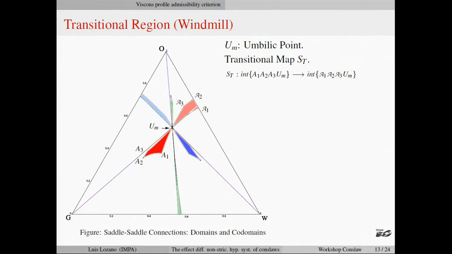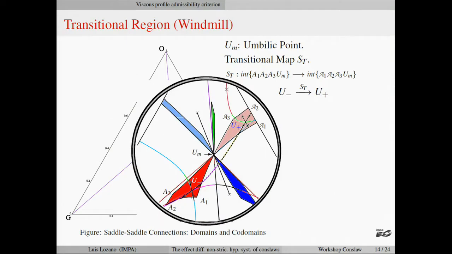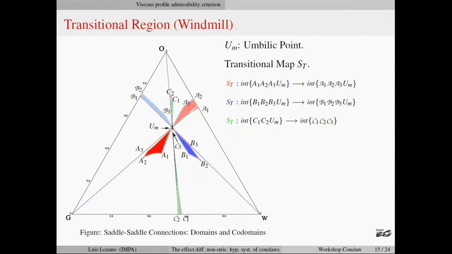We have a transitional map between the points in the interior, such that if we have a point in the interior, you have a transitional shock between the two states. In the same way we have it with the other points.